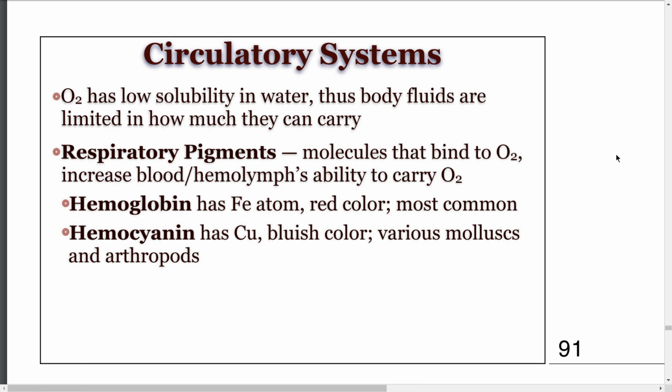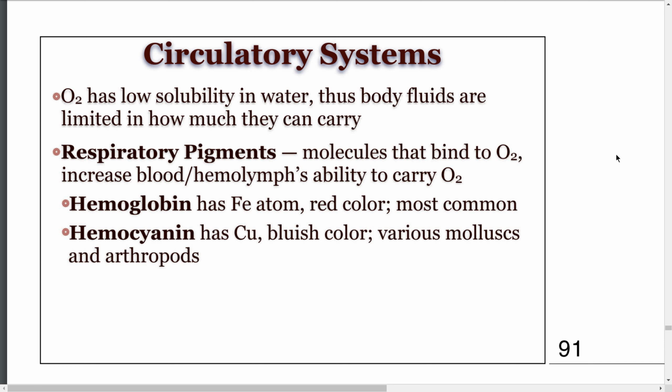And this is actually probably the most common respiratory pigment. I should point out that in vertebrates, the hemoglobin is carried in specialized cells. It's packed into red blood cells. That's not true for the vast majority of invertebrates. The hemoglobin would just be a protein floating around in the fluid, not associated with specific cells.